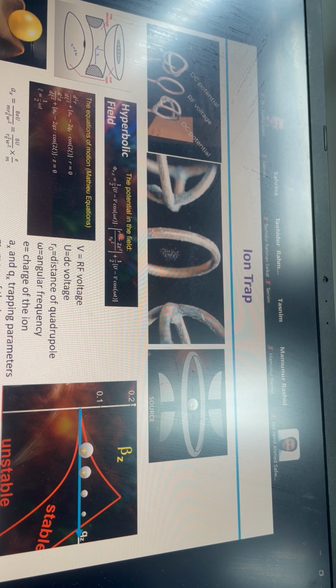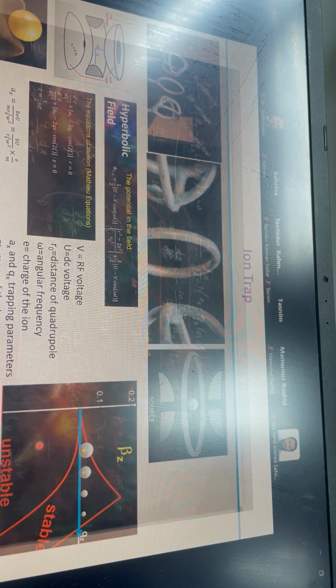Okay, that we calculated by the Mathieu equation. So this is called the stable potential for the ions. If ions stay in this region, they are stable, meaning they can reach the detector. But if you push the ion to an unstable region, meaning it hits the electrode, that way you can make the quadrupole act as a mass filter.